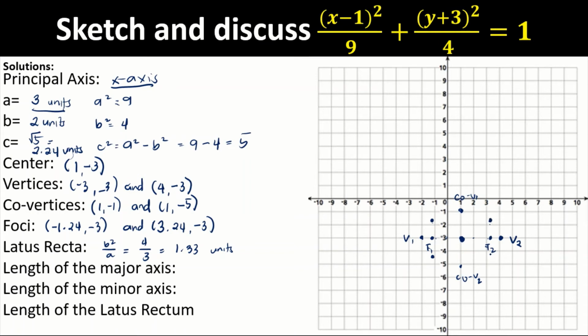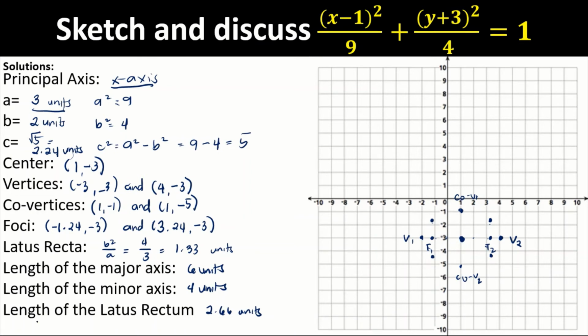1 and 0.33. Okay, so the length of the major axis manggagaling kay A, so we have 6 units. Okay, minor axis nanggagaling kay B, so we have 4 units, times 2 lang natin. And the length of the latus rectum, times 2 lang natin tong 1.33, so we have 2.66 units, or 2.67 units.